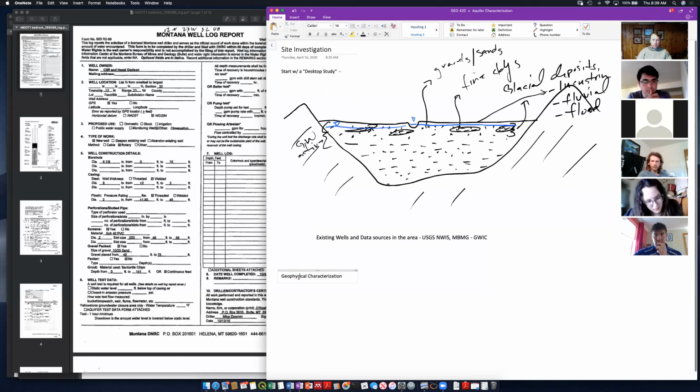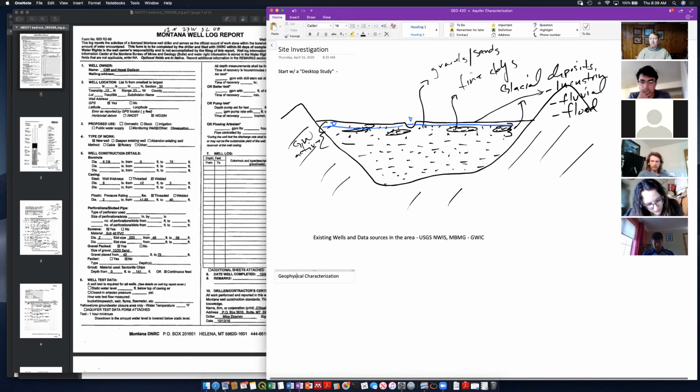It could be that I really want to try and map out all these sand lenses or understand where they are or how frequent they are. I may want to look at the boundary between the gravels and the silts here. I might just be interested in how deep the sediments are. These are all basic questions that I can try to constrain with geophysics.